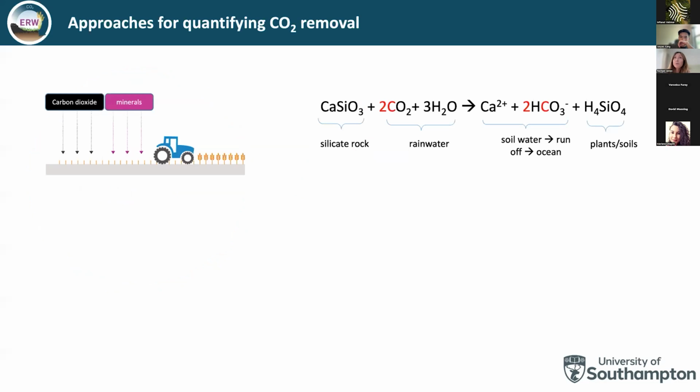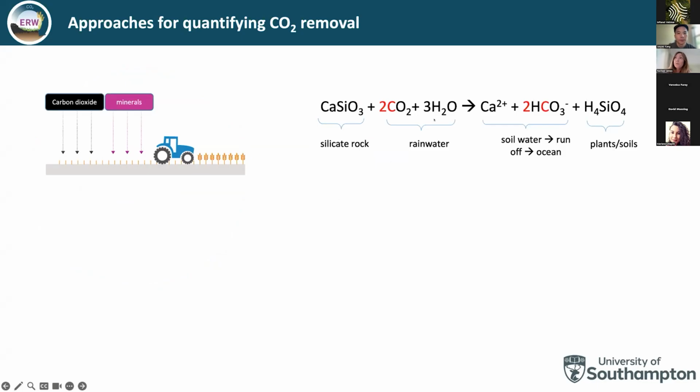So David's been through all this already, but I just want to reflect a little on how carbon dioxide is removed via enhanced weathering. So we apply the crushed silicate rock, usually to our agricultural crops, that reacts with rainwater that contains carbon dioxide within it.